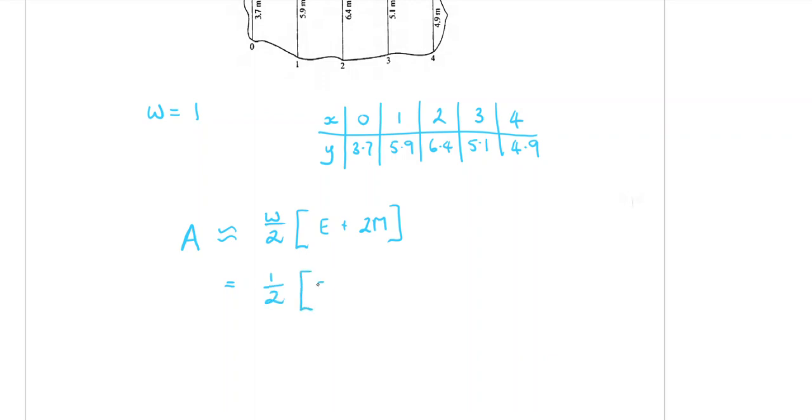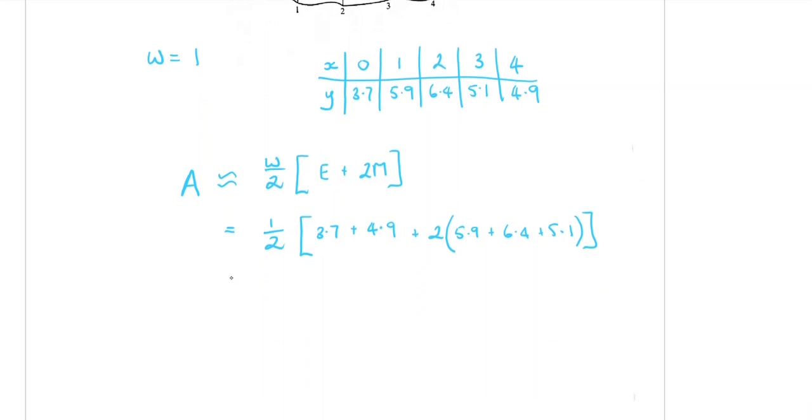The ends are 3.7 and 4.9. Then we need 2 lots of all the ones in the middle, which is 5.9 plus 6.4 plus 5.1. Close up all your brackets. And that equals 21.7.